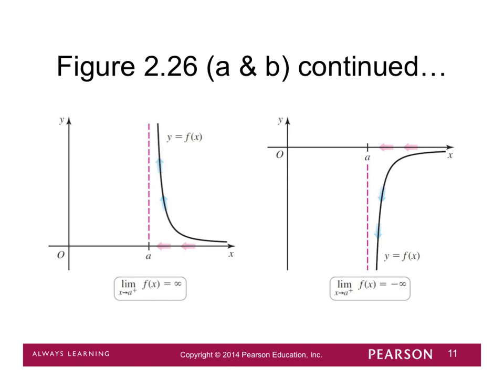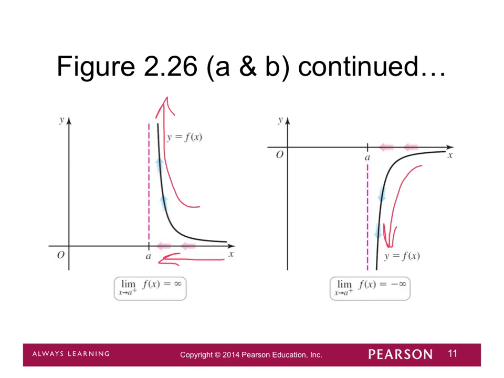These graphs depict what we're talking about here, and it's nothing different than what we've already discussed. We're just looking at it from one side. So as we approach a from the right, we're getting arbitrarily large. And as we approach a from the right over here, we're getting arbitrarily small or negatively huge.